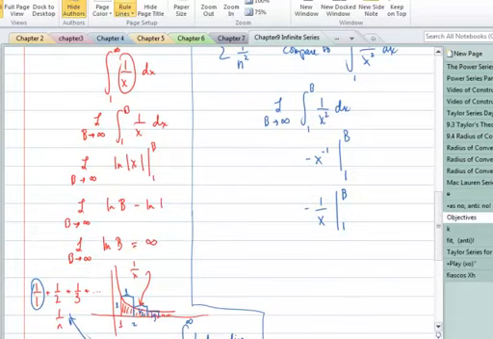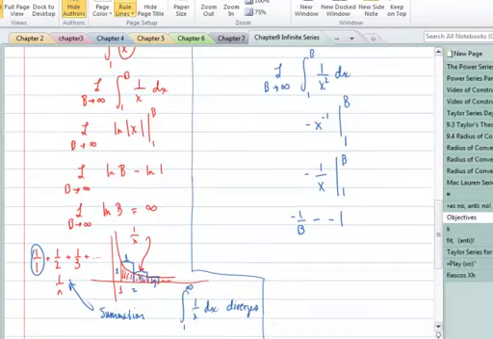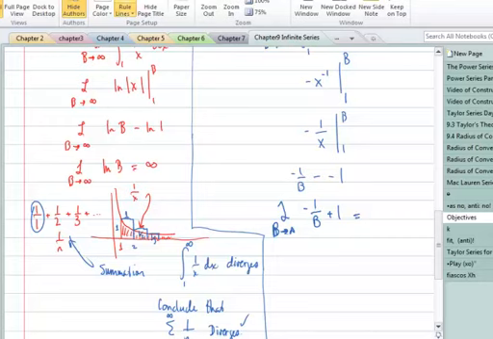Which is going to equal negative 1 over b minus negative 1. Now I plug in the limit as b goes to infinity. I find out that this actually converges to the value of 1.